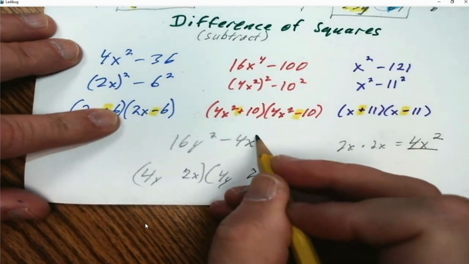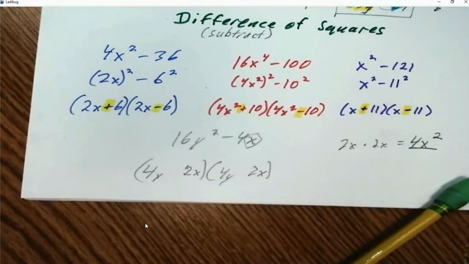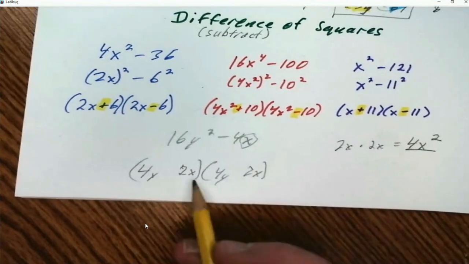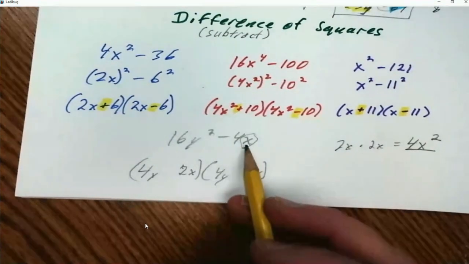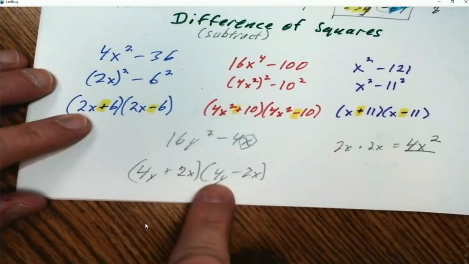This is not a difference of squares because this is not a perfect square. Yeah, 2 times 2 works. So it's not this.